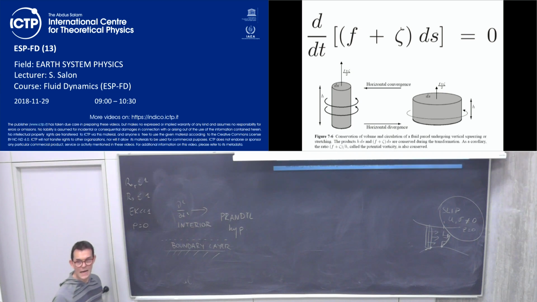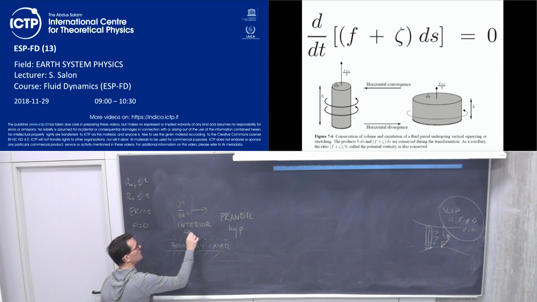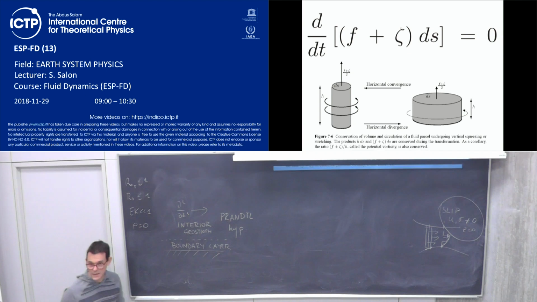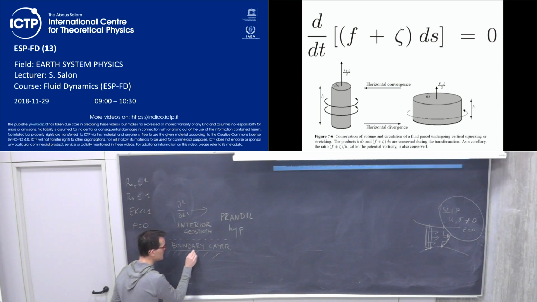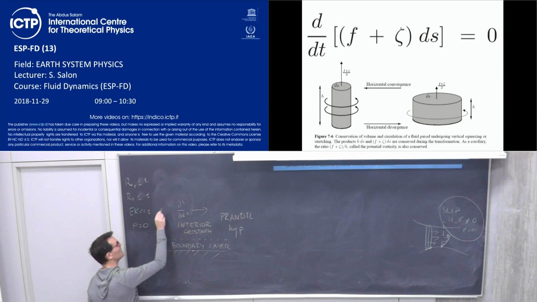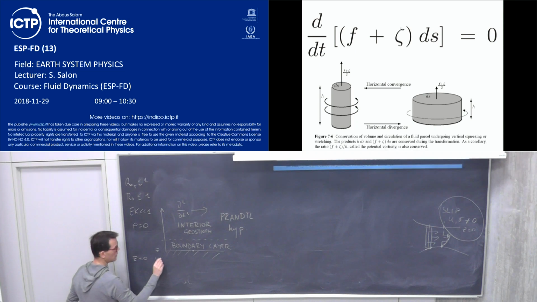Okay? So now it means that we will have a geostrophic interior or a barotropic interior, as you like, so it depends. And we just start to understand what happened in the boundary layer, because now we know that at the boundary layer, if this is Z, when Z is equal to 0, U and V will be 0.